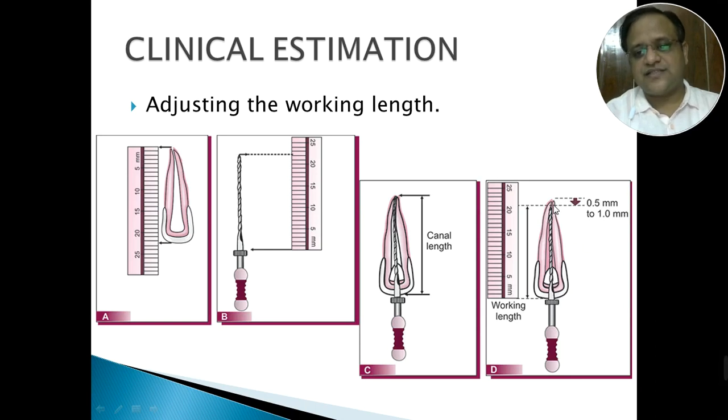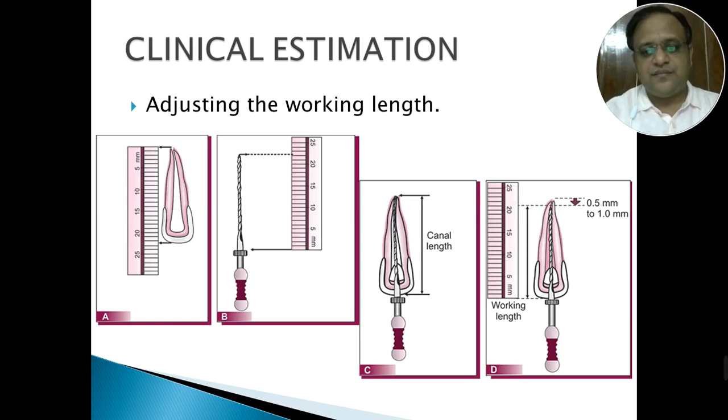Please remember, it has to be short of the apex, 0.5 to 1 mm always, because as you all know, in the previous part of the presentation we have told that the radiographic apex is different from the anatomic apex, and anatomic apex is always short of the radiographic apex.